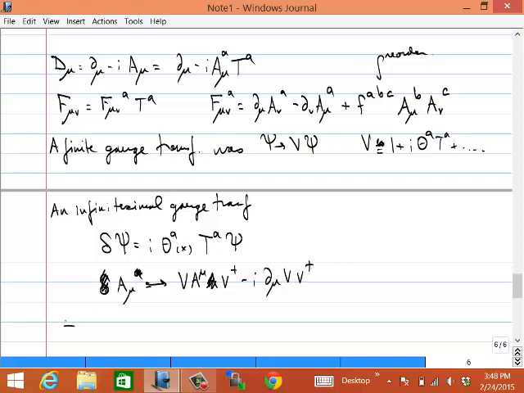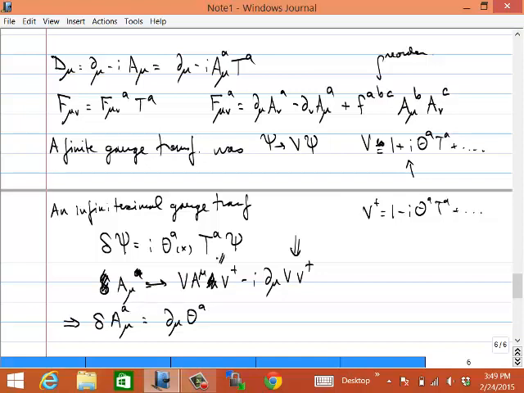So the variation under an infinitesimal gauge transformation: that second term, if you plug in V dagger is 1 minus i theta a T a plus dot dot dot, using the fact that the T's are Hermitian, is d mu theta a, writing it out in a particular basis.